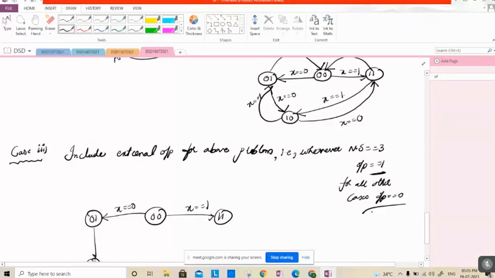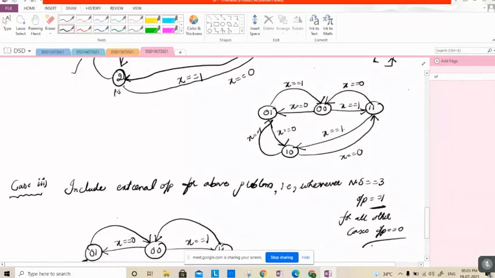This happens whenever x is equal to 0. This is for x is equal to 1.